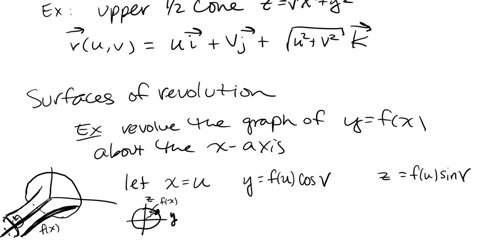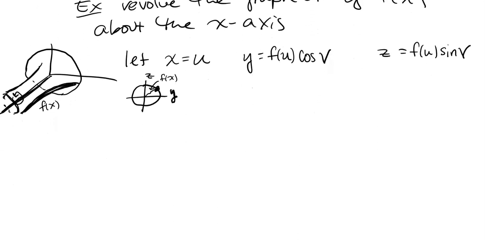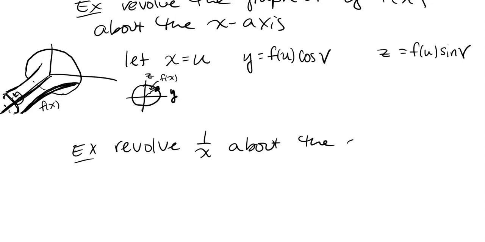But just to show you an example of what this could look like, say, for example, revolve 1 over x about the x-axis for x from 1 to 10.